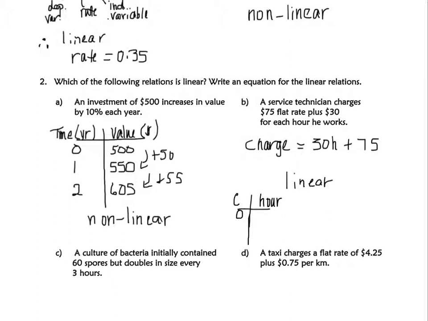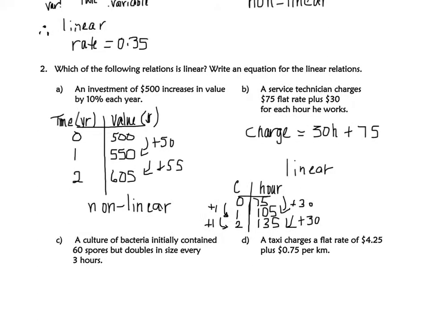So 0 hours would just be $75. 1 hour would be 75 plus 30, or 105. 2 hours would be 2 30s, which is 60. 60 plus 75 is going to be 135. And if you check, these are going up by 1s, and as every hour increases, these are going up by 30. So it is a linear relation. So either way, you can use the equation, or you can use a table of values to show that it is a linear relation.